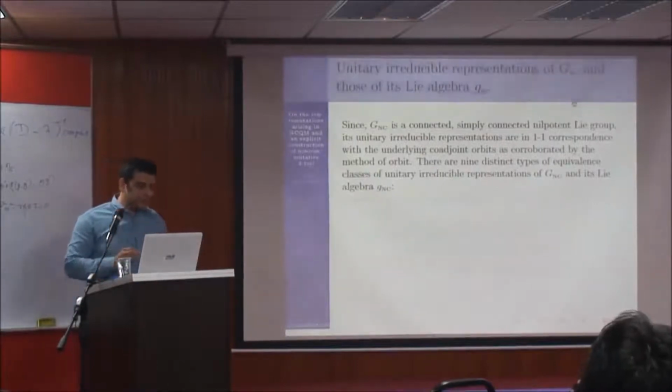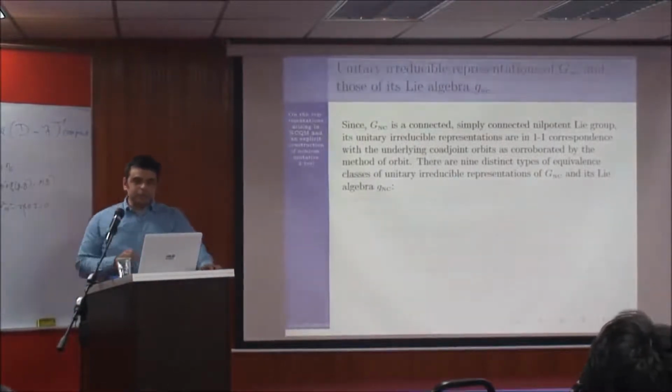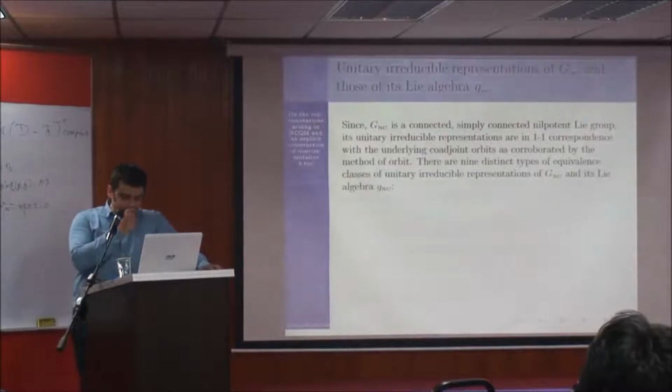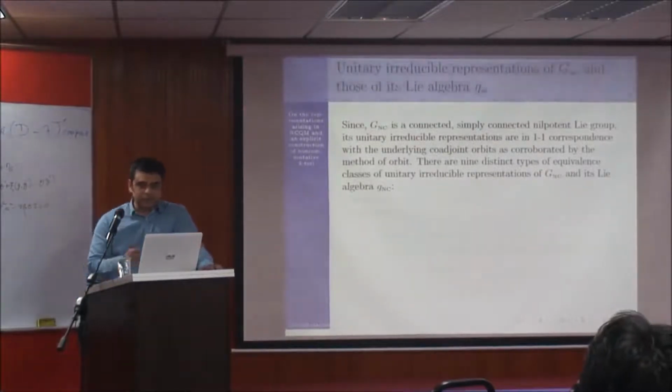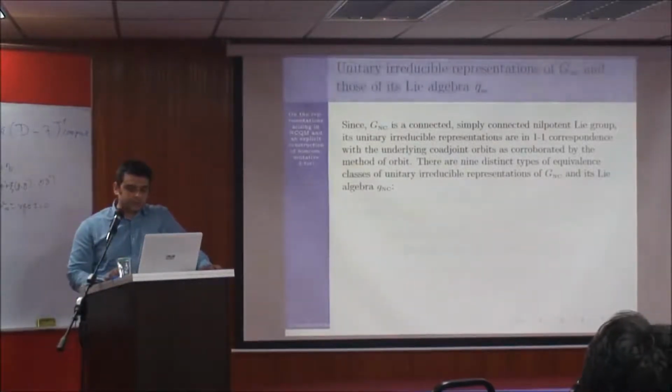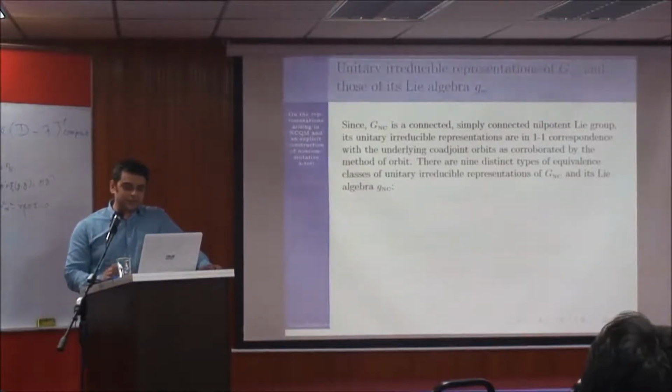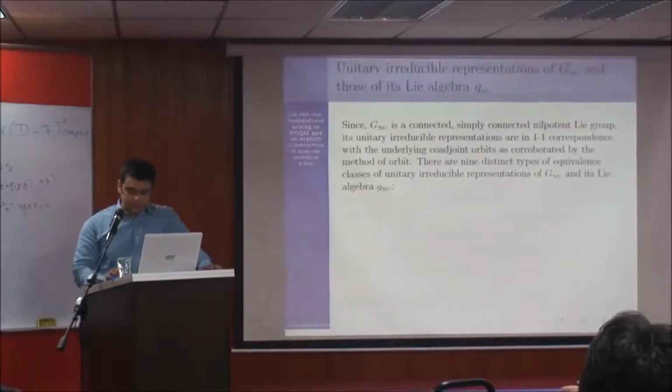Now we try to see how we compute the unitary irreducible representations of the underlying group, the group G and C, and its Lie algebra, small g and c. It's pretty straightforward. You just apply the method of orbits. There are certain subtle things there, though, when you have to choose the polarizing subalgebra, you have to be a bit careful while choosing that.